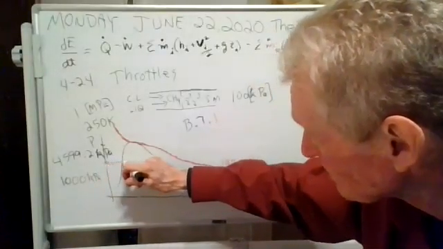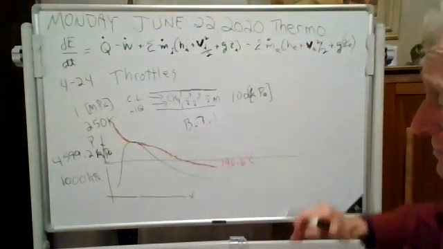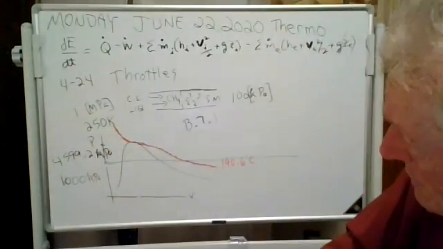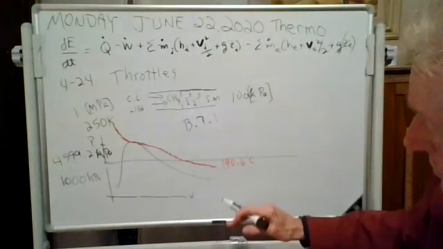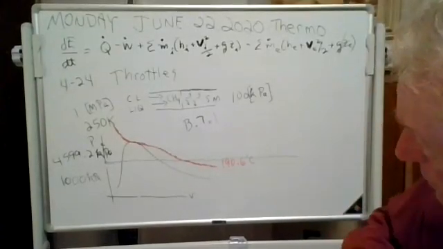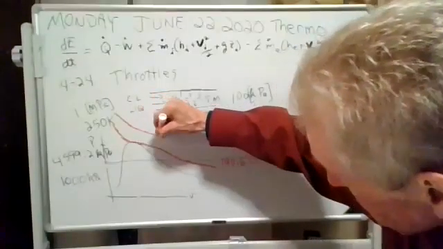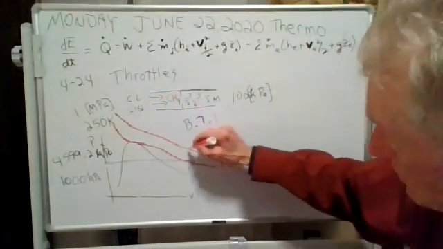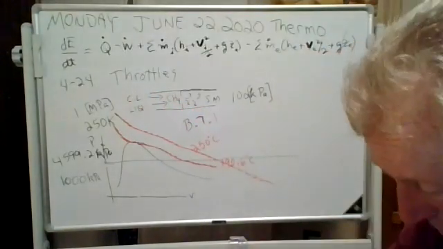We know we're on the 1,000 kilopascal line, but our temperature is 250. Well, this was the critical isotherm. 250 is hotter than 190. So I'm going to draw the 250 isotherm. This is the 250 degrees Celsius isotherm.